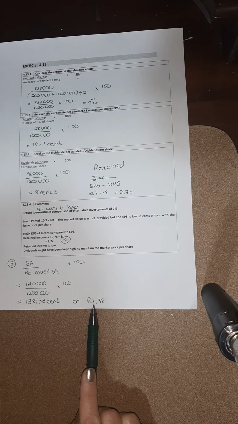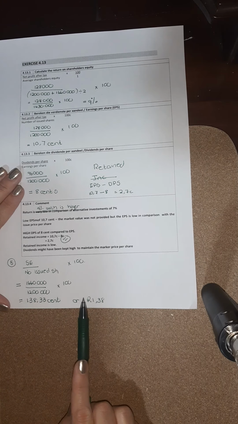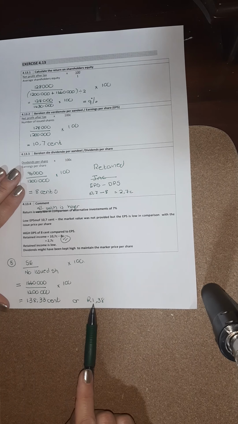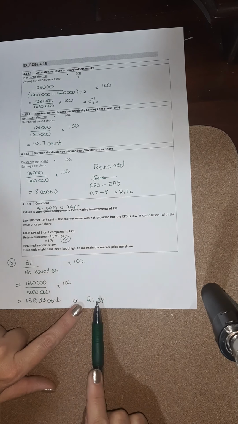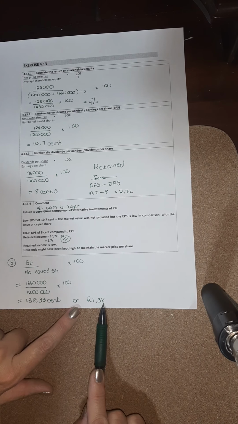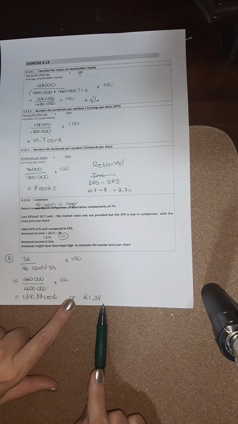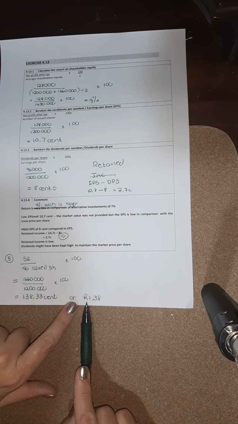The shares are worth more, so I'm actually getting it at a good price. If the shares are worth R1.38 and they are sold for R2, then obviously as a shareholder you'll be very glad because now I can sell my shares for more than what they are worth.